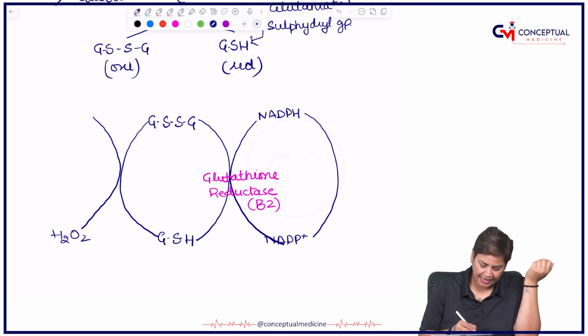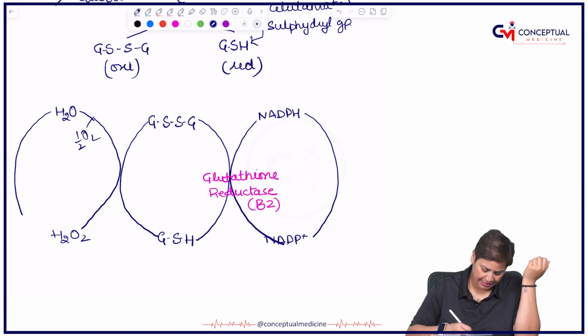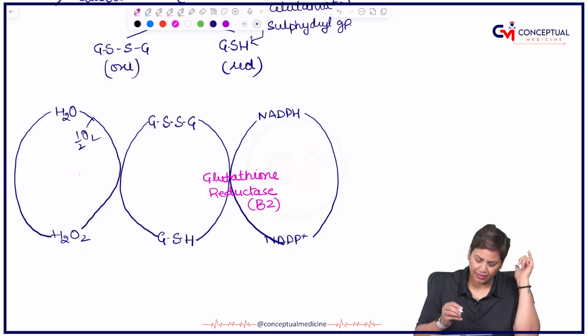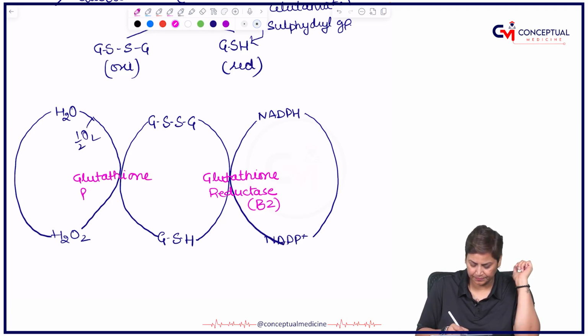Okay. So this H2O2 will be converted into water and oxygen. And again it will be converted back, because peroxidases, catalases, again they are the reactions. So you know, everything is a typical redox reaction. And if we talk about this reaction, the enzyme here is glutathione peroxidase.